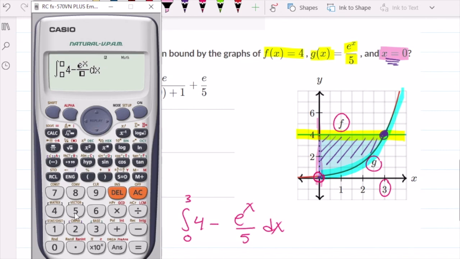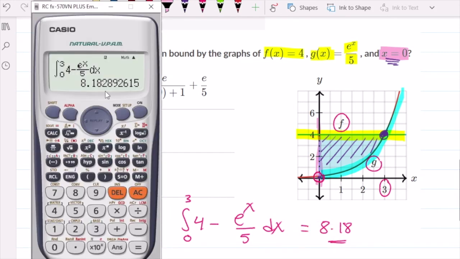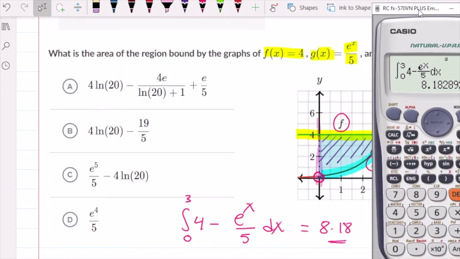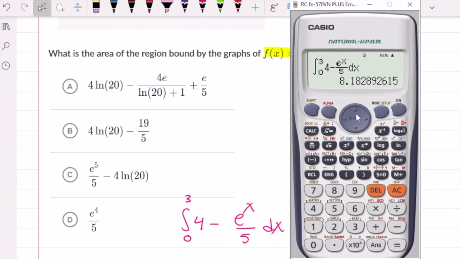divided by 5 from 0 up to 3, but the calculator will give you a decimal value, 8.18. So that integral will be equal to 8.18, but none of the given solutions is 8.18, so you can simplify the first, the second and the third until you reach the correct answer.